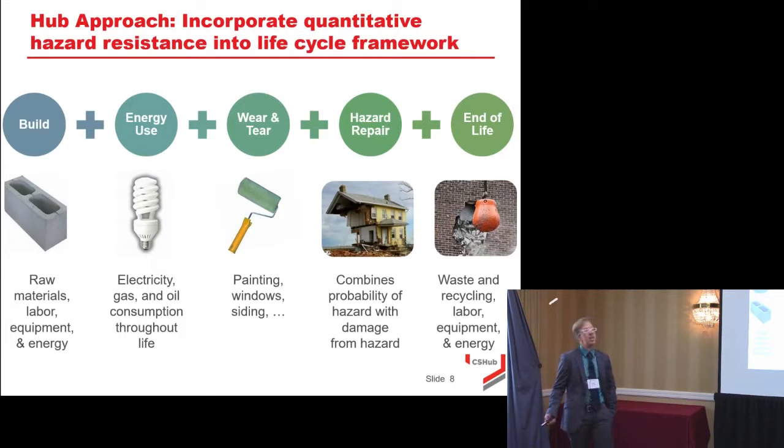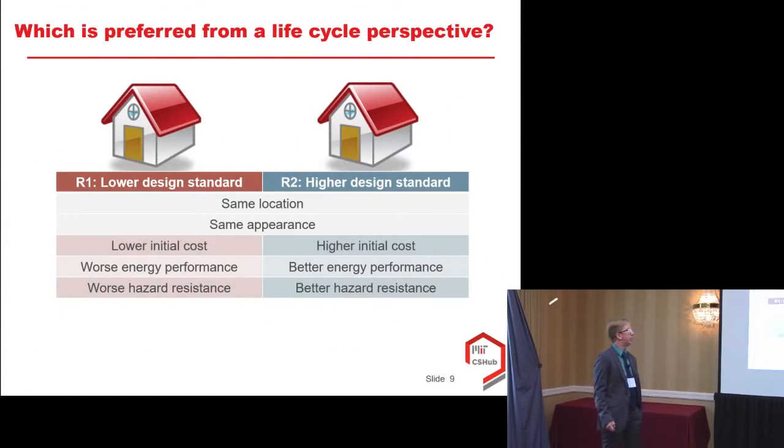So you can imagine, in terms of the cost of a building over its life cycle, we think about the cost for initial construction, but you've also got energy use. And then what about that wear and tear piece in terms of the maintenance as well as home improvement? And then the hazard repair is going to be the focus today, as we're thinking more about how resilience is a big factor in creating sustainable communities.